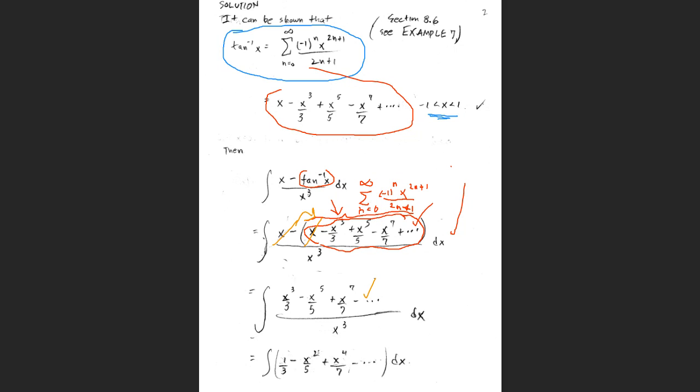Now what we're going to do is take every term in the numerator and divide that term by the x cubed in the denominator. And that's going to give me the integral of 1/3 minus x squared over 5 plus x to the 4th over 7 and so forth.